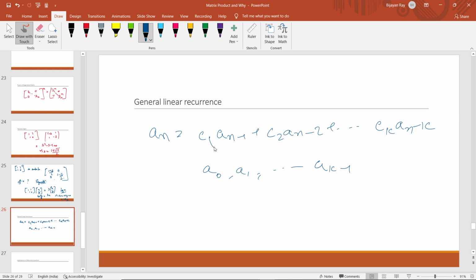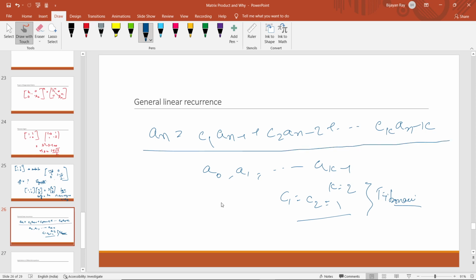So basically the Fibonacci sequence is just k equal to 2 and c1 equal to c2 equal to 1. So this is the general linear recurrence relation.